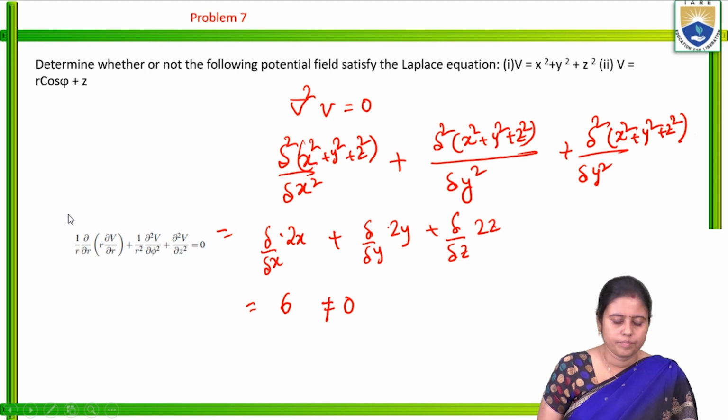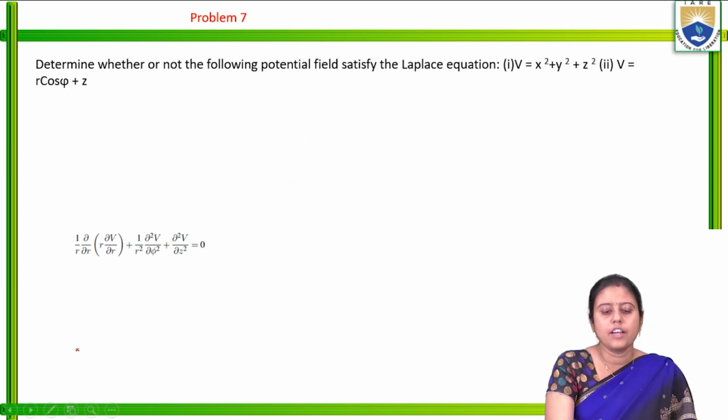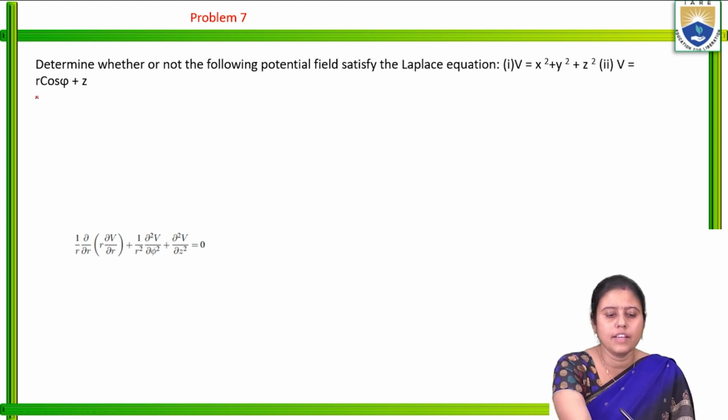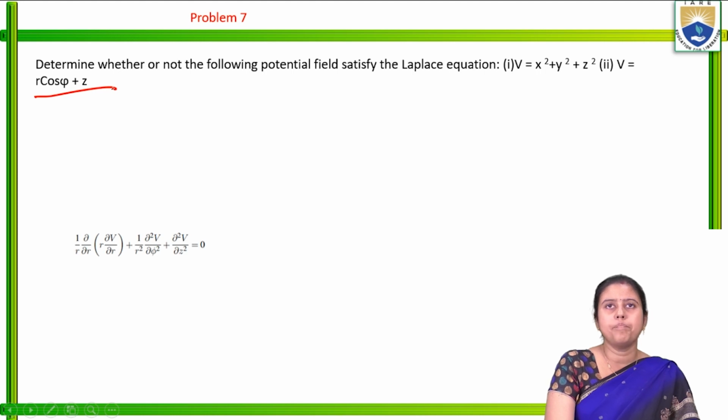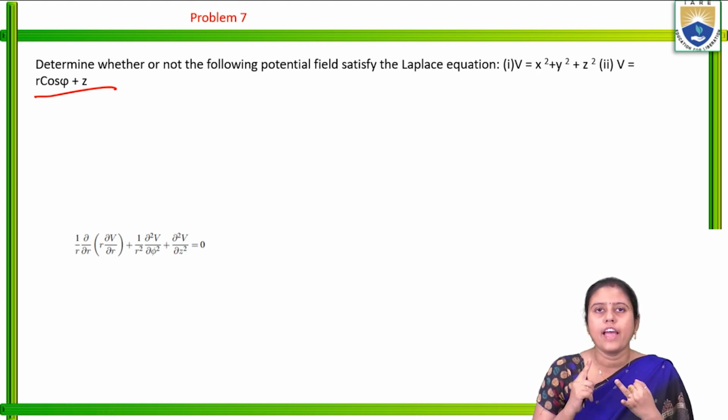Next, we will move to the second problem. Again we will use the equation, because this is in r cos phi plus z. So here the variables are r, phi and z.